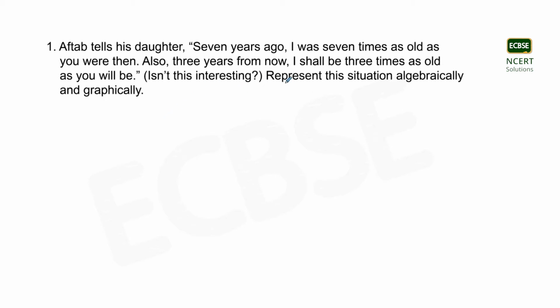So in order to solve this question, we have to consider the present ages of Aftab and his daughter, and according to the given statements we will be making the linear equations, right?